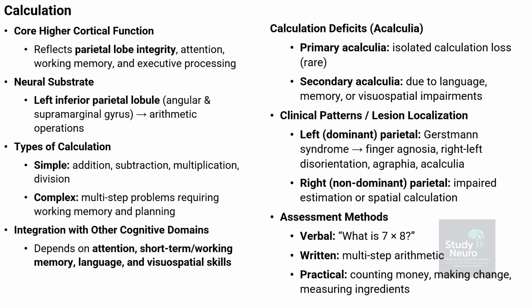When calculation is impaired, called acalculia, it may result from isolated parietal damage or secondary to deficits in language, memory, or visuospatial skills. Left parietal lesions can cause Gerstmann syndrome, including finger agnosia, right-left confusion, agraphia, and acalculia, while right parietal damage may affect estimation or spatial calculations.